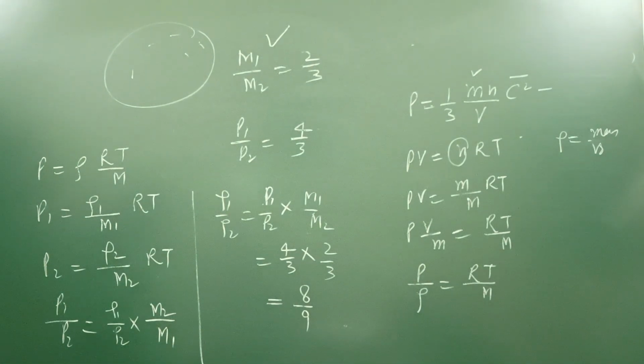Now, a mixture of 2 mole of helium gas, atomic mass 4 amu, and 1 mole of argon gas, atomic mass 40, is kept at 300 Kelvin in a container. The ratio of their root mean square speed.